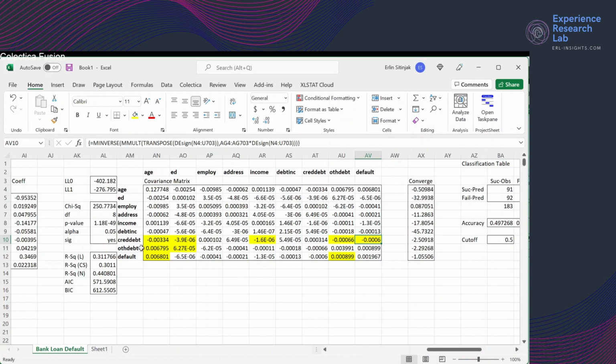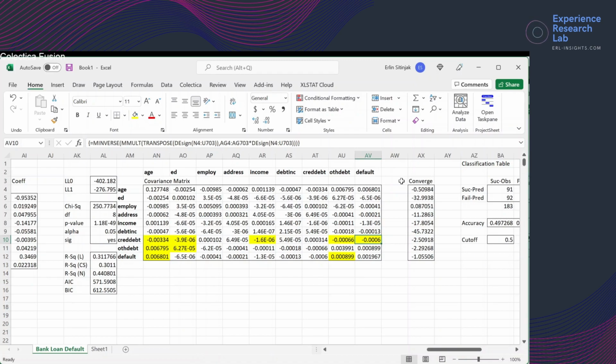It means that when someone gets older, the amount of credit card debt decreases. And people with higher level of education has lower amount of credit card debt. This is really interesting.